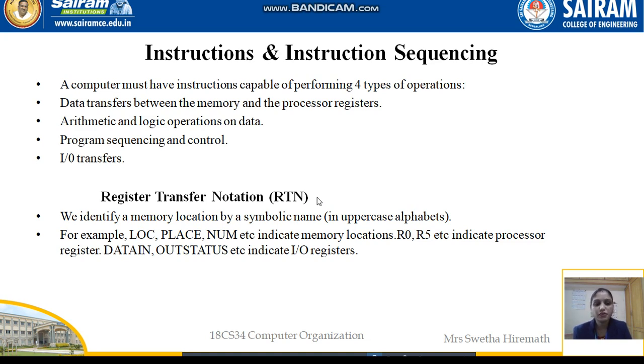So for different operations we are going to use different notations and different variables. Just as we make use of variables in the C language, similarly here also we are making use of different types of variables depending on what name we give them, and we identify what type of variables they are. For example, LOC, place, num, etc. indicate the memory locations where the data will be stored and from where we can either read or write data.